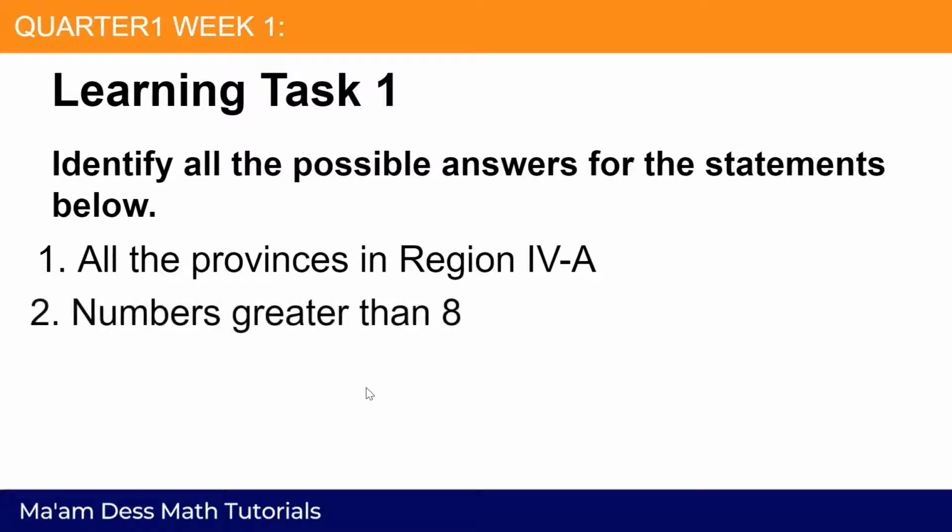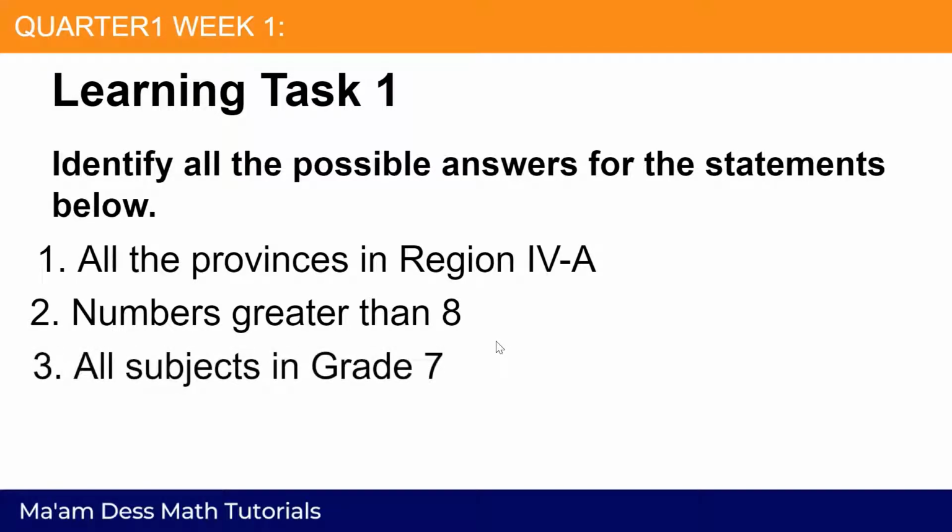For number 2, numbers greater than 8. Okay, so you can easily identify those numbers greater than 8. So meaning we have 9 and so on, or 9 and above, since we said it is greater than 8. Number 3, all subjects in grade 7.